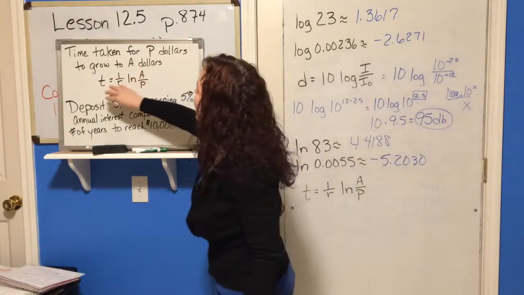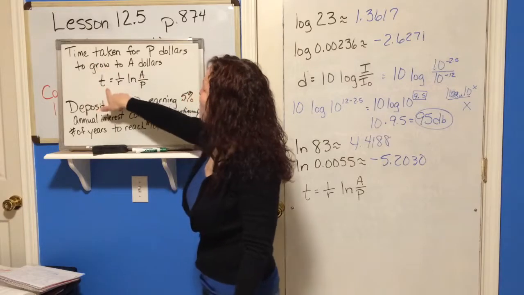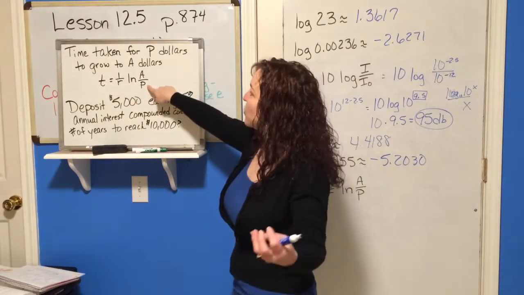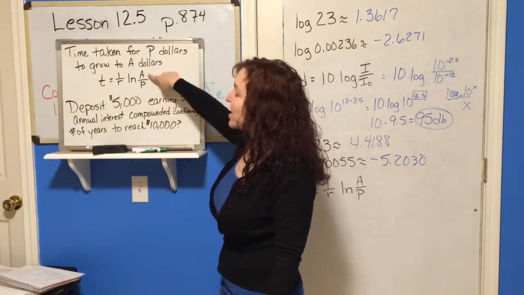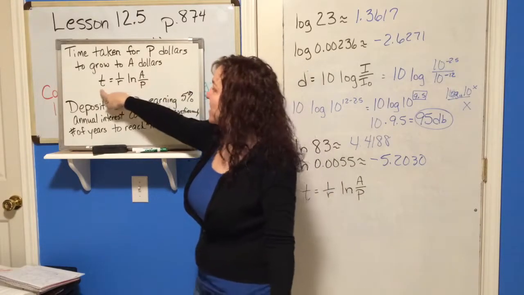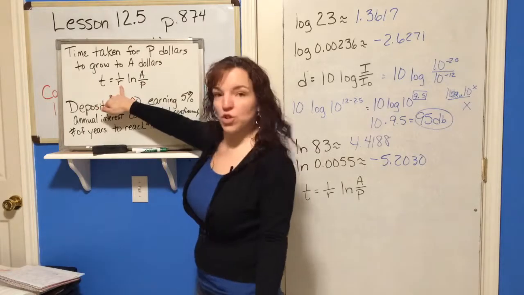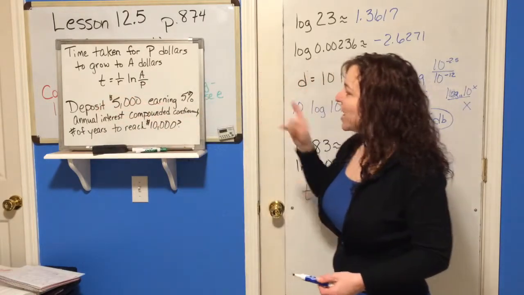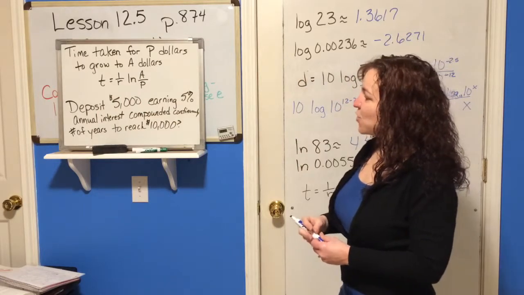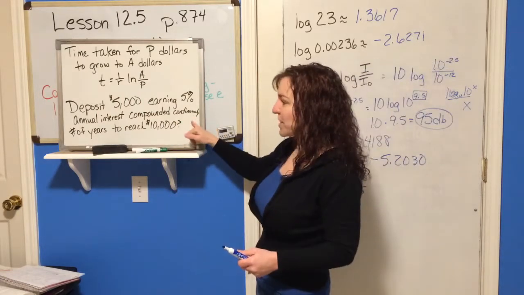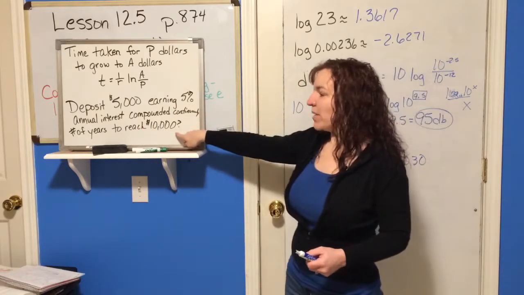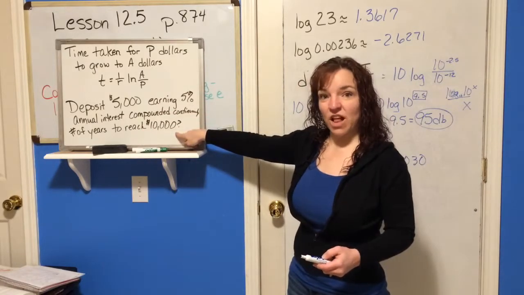So this formula tells us the time that it's taken for P number of dollars, that's your principal, the amount you start out with, to grow to A dollars. That's the amount at the end of this T amount of time. And r, of course, is the rate of interest. So if I deposit $5,000 and it earns 5% annually, compounded continuously, I want to know how many years is it going to take to double? How many years is it going to take to get to $10,000?